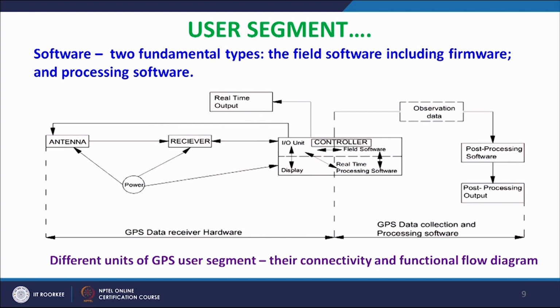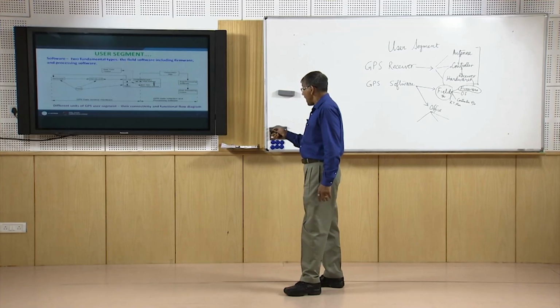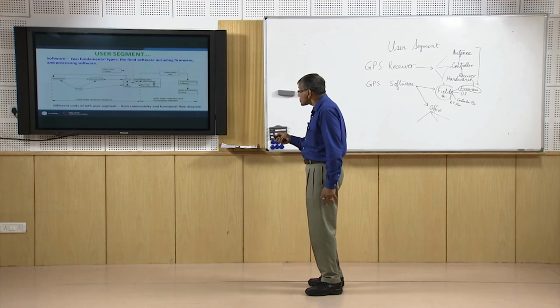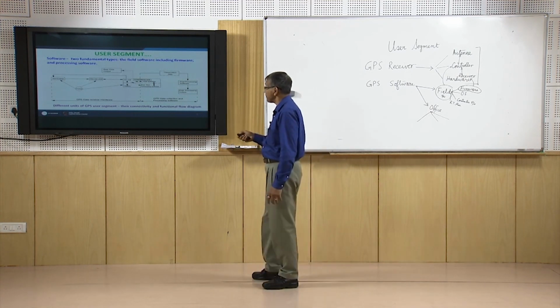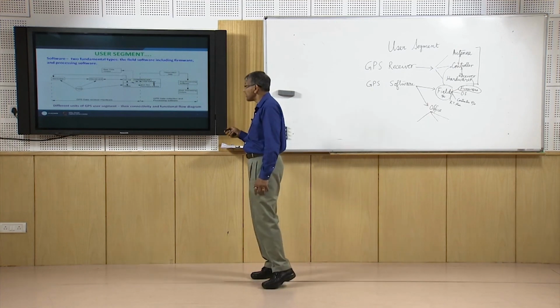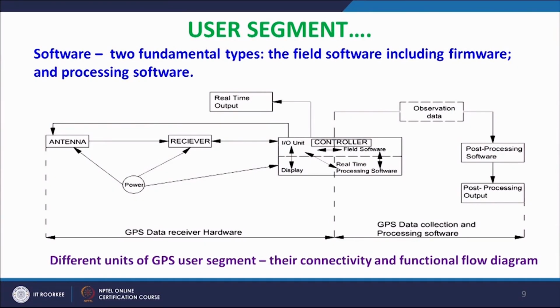The real time output may be in the form of files stored within the controller, or some pictorial presentation or data displayed on the controller, because the controller also has a display unit. It may also store the data, either in the form it was received from the receiver, or as it has processed it.